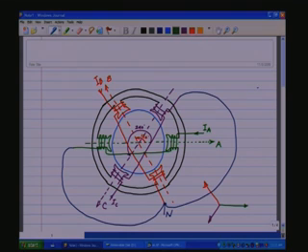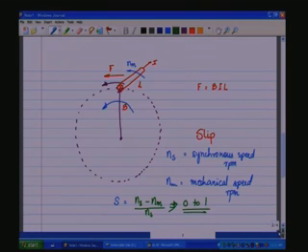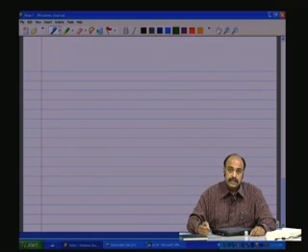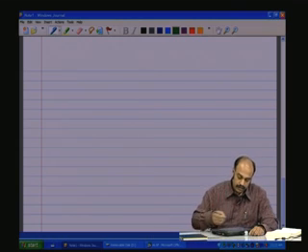Now for every phase you could have more than one pole pair. In such a case, what happens to the speed? What happens to the synchronous speed?